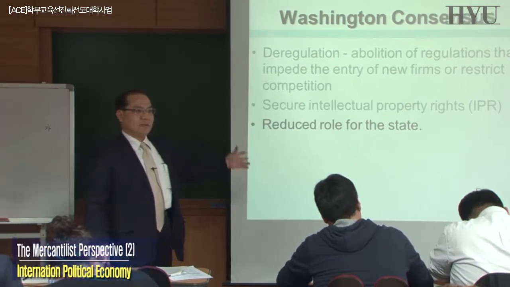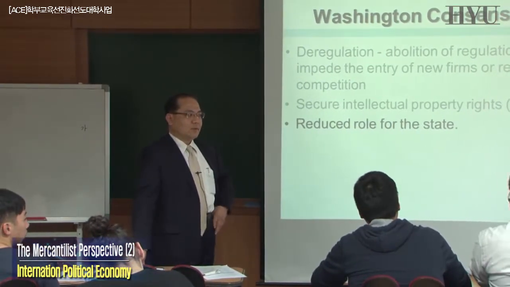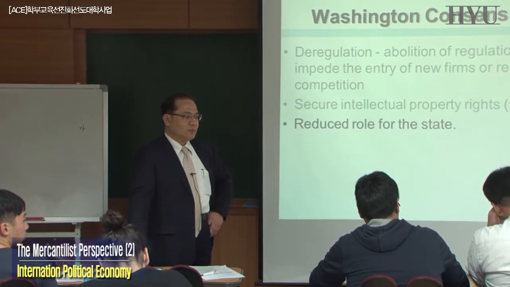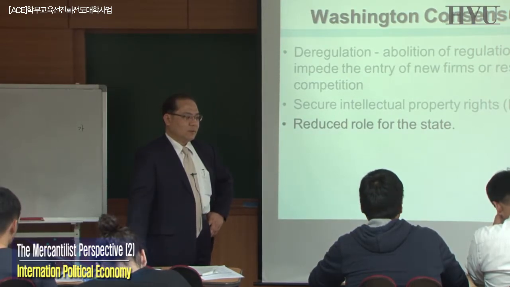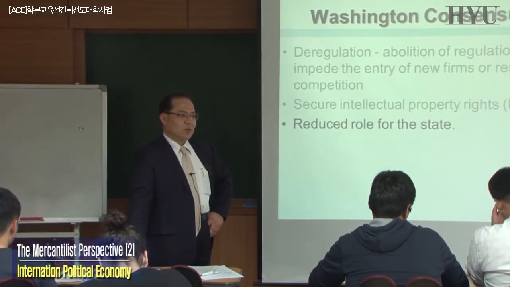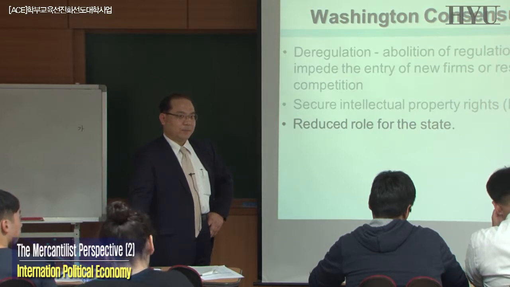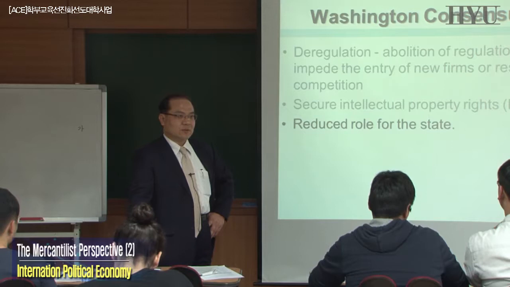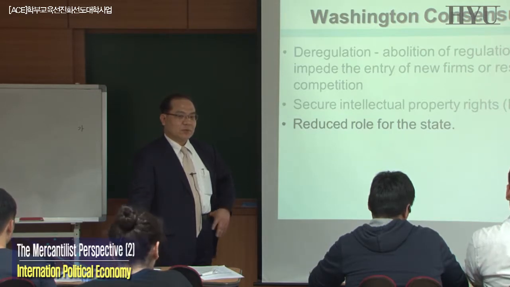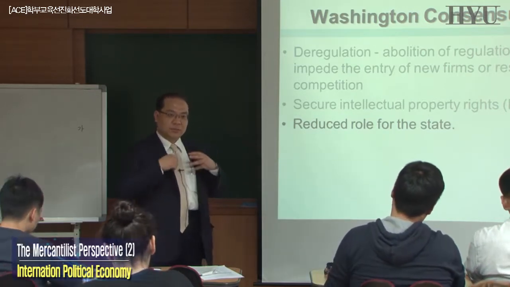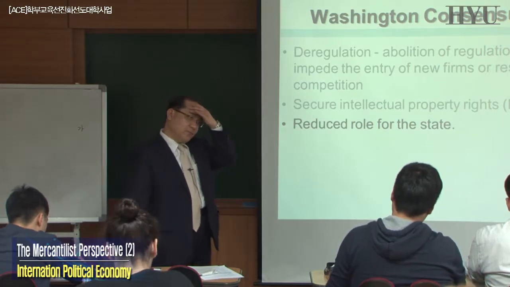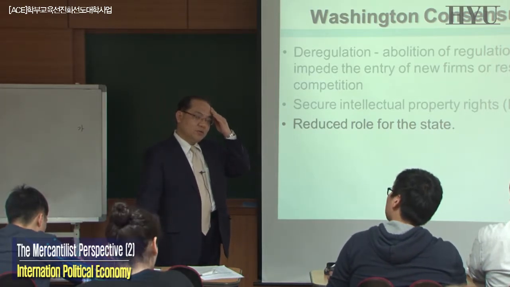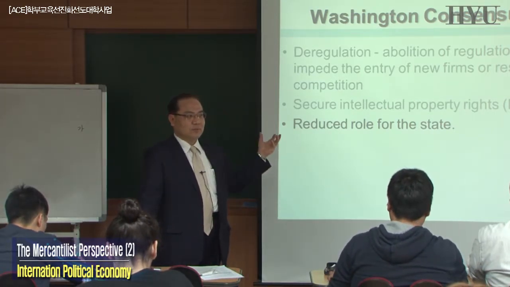This comprises the menu for liberal, neoliberal policy, which is known casually as the Washington Consensus. This was presented to developing economies, and developing countries had to pick and choose from this.